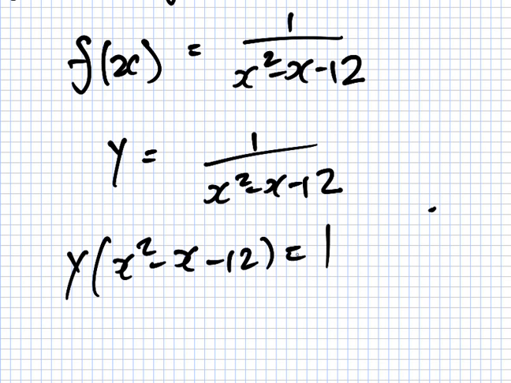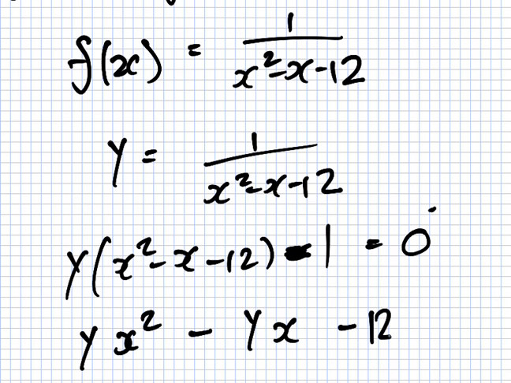Take the 1 to the left, so it's minus 1 equals 0. Step 3, pretend y is a constant, so you get yx squared minus yx minus 12y minus 1 equals 0. If y was a constant, you'd have no problem adding these two together. And then there's nothing to do here, and then there's nothing to do here.